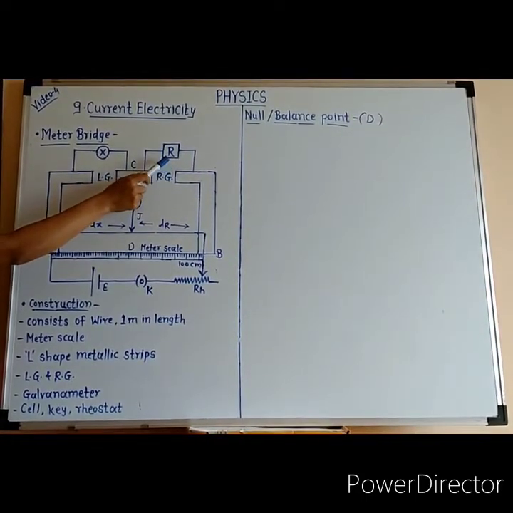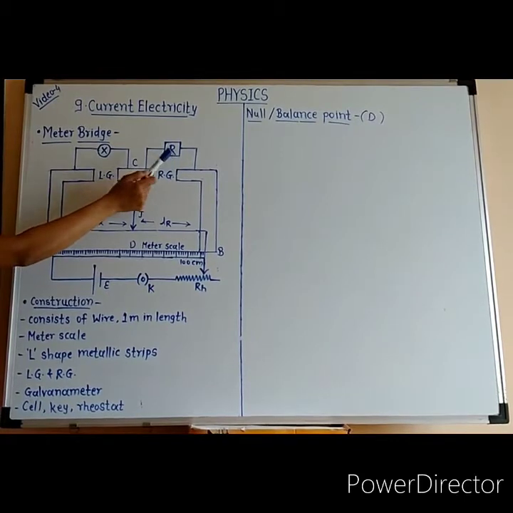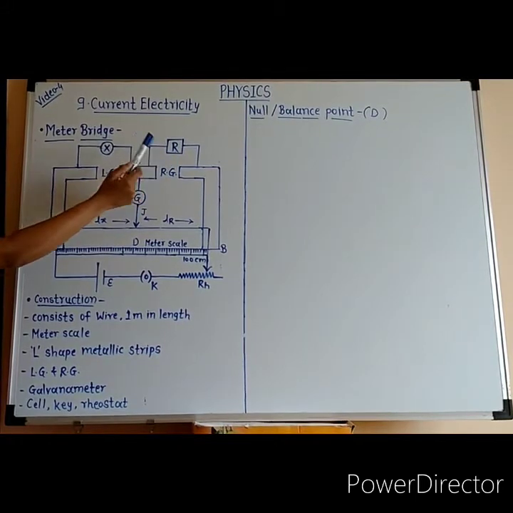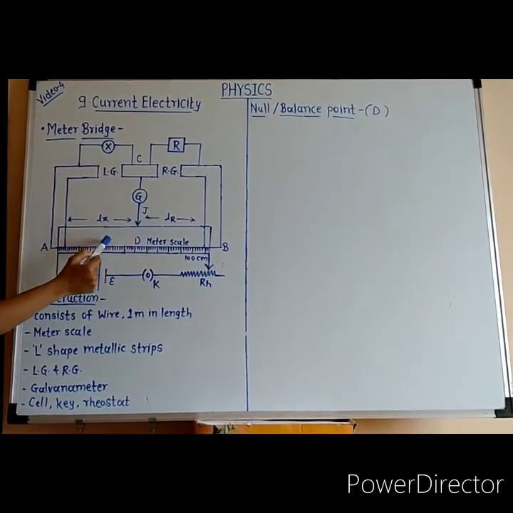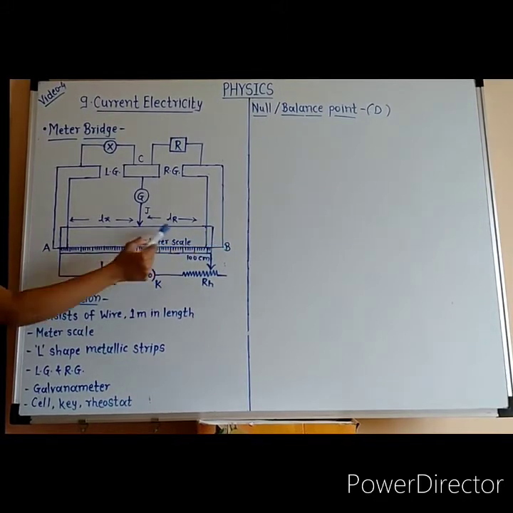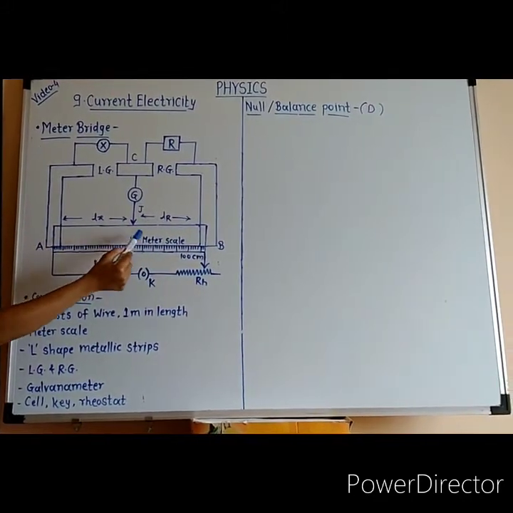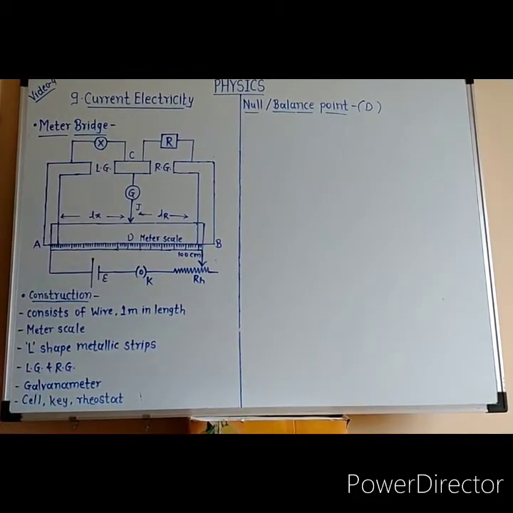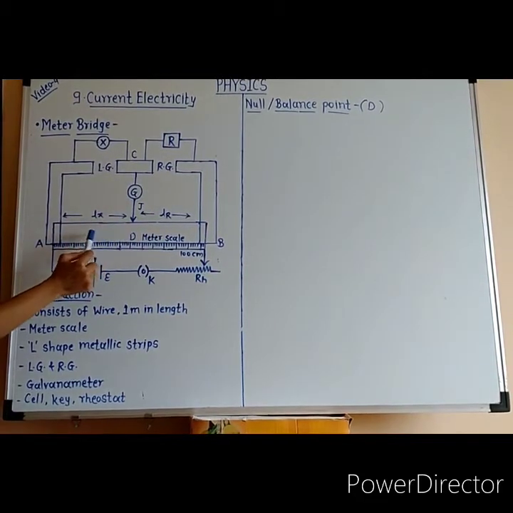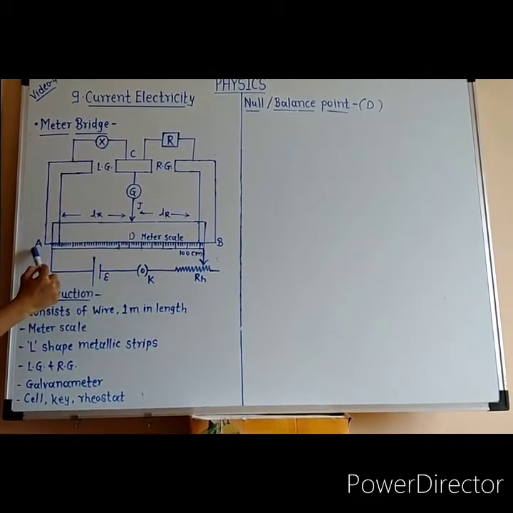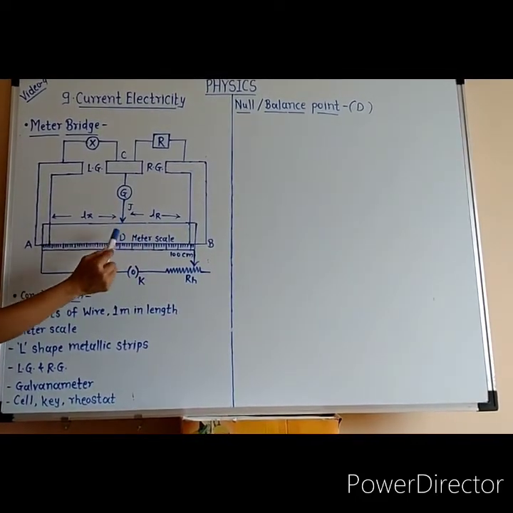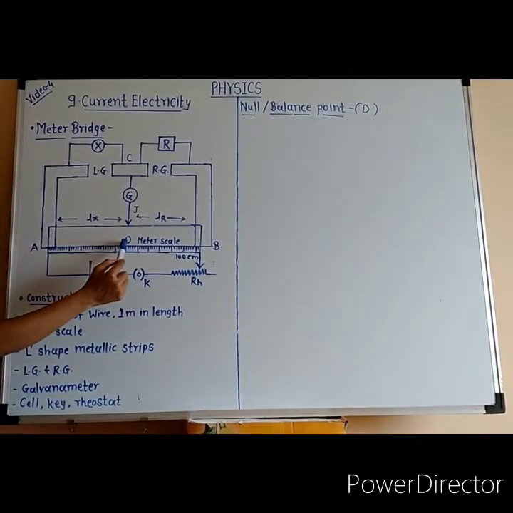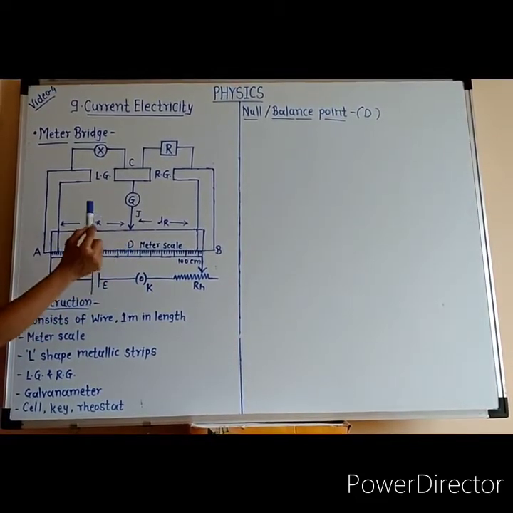It may be 5 ohm, 10 ohm, 15 ohm, etc. The jockey is brought in contact with the wire AB at various points to obtain the null point or the balance point. In this diagram, D is the null point or the balance point.